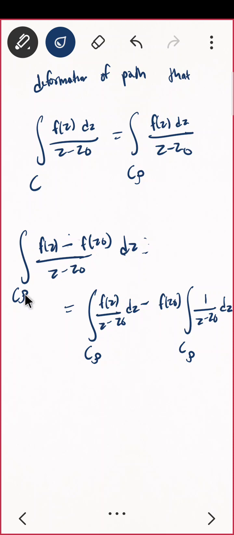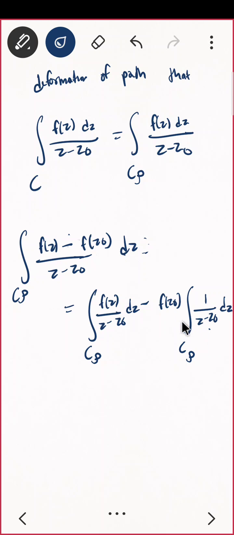The integral over this 0 will be equal to this and this, but this is the same as over C. So in the next line I'll write this as over C, and I can write 1 upon z minus z naught over 0. This is a constant function, so what will its integral be? Can you quickly tell me? It doesn't depend on the function.